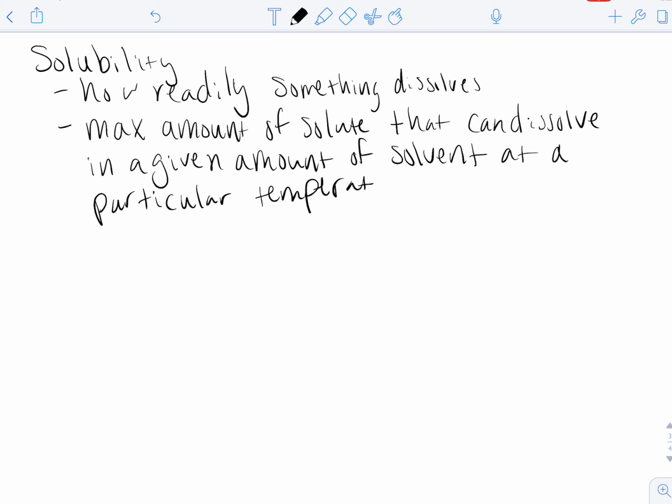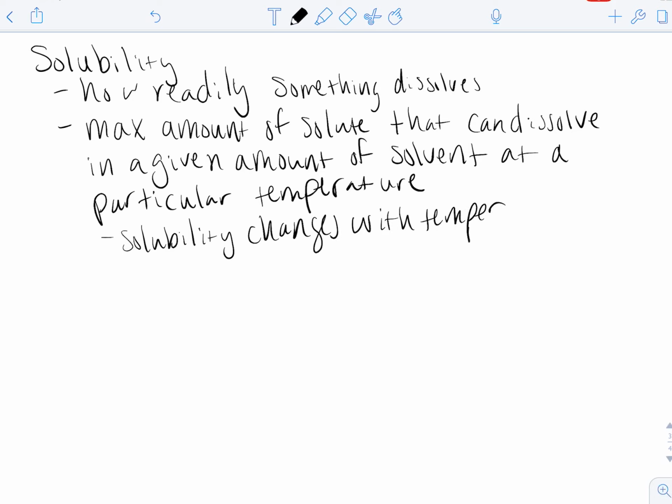It has to be given at a particular temperature because solubility changes with temperature. Mostly at higher temperatures we have greater solubility, but not always. So we will look at cases where solubility decreases at higher temperature. And just in general, we consider that everything is soluble to some degree.